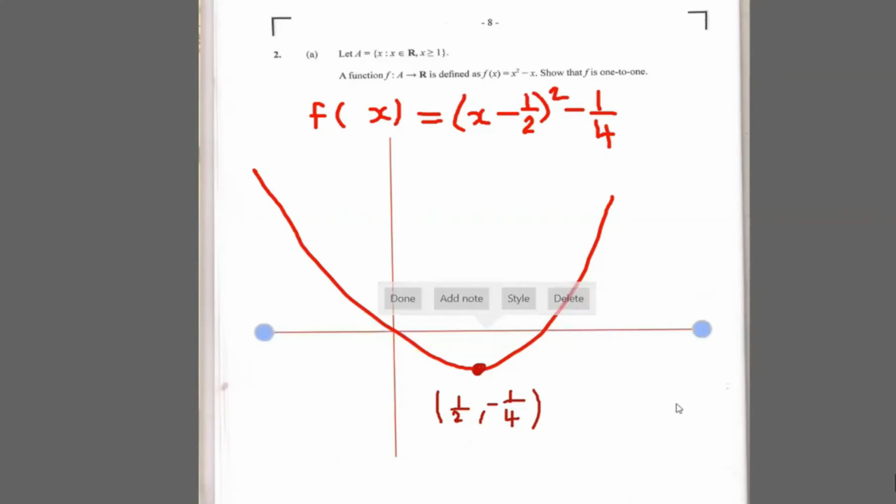This is a perfect sketch of it. All right. So this is when x is a half, and this is when y is minus a quarter. And it cuts the y-axis at 0 because there's no plus c. So this would be the full graph of f.